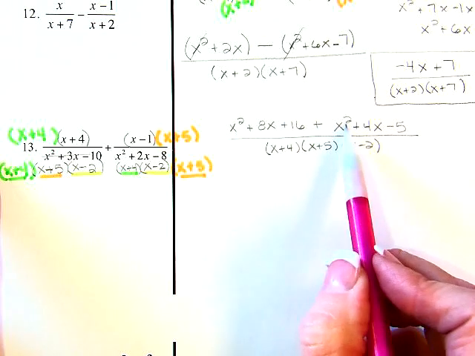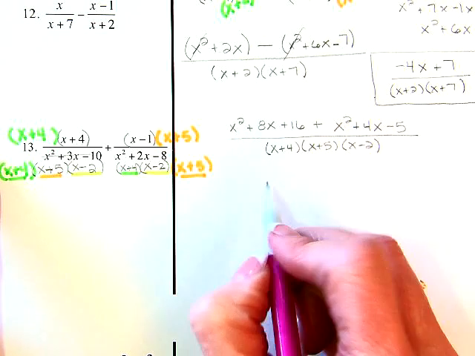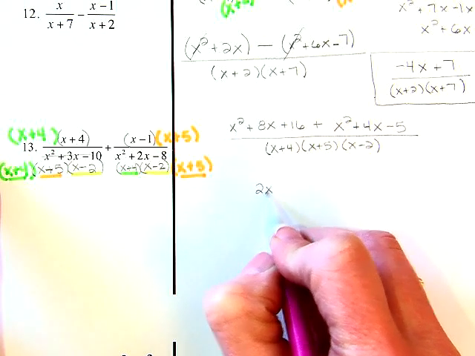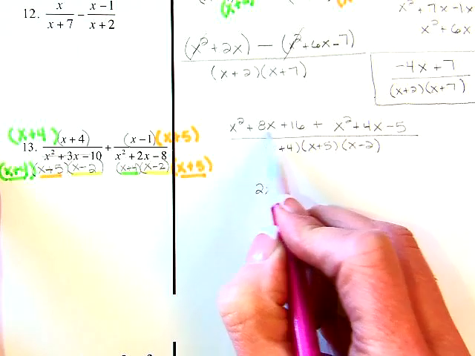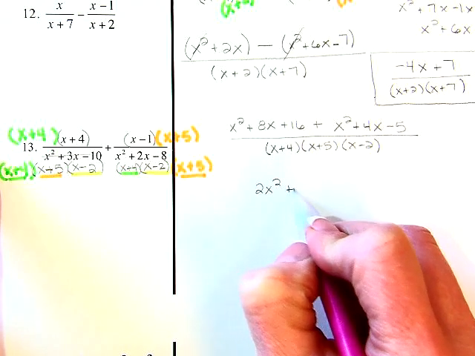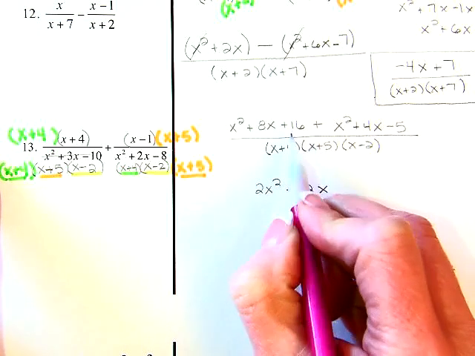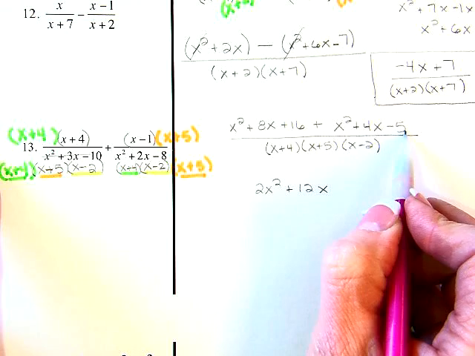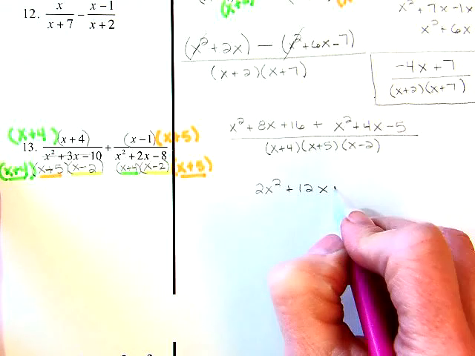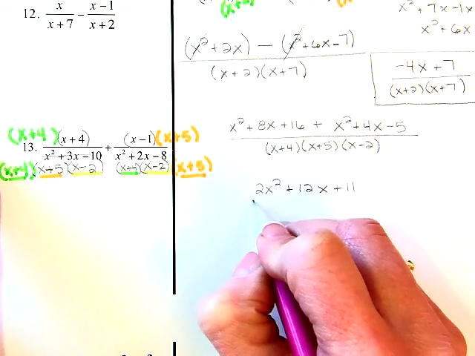So x squared plus x squared, those are like terms, is 2x squared. And then I have an 8x plus a 4x, which is 12x. And then a 16 minus 5 is a plus 11.